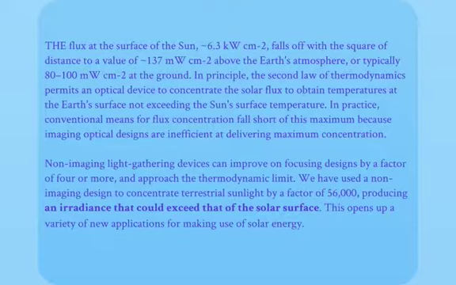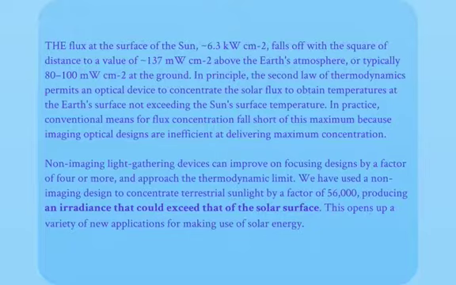In principle, the second law of thermodynamics permits an optical device to concentrate the solar flux to obtain temperatures at the Earth's surface not exceeding the sun's surface temperature. In practice, conventional means for flux concentration fall short of this maximum because imaging optical designs are inefficient at delivering maximum concentration.